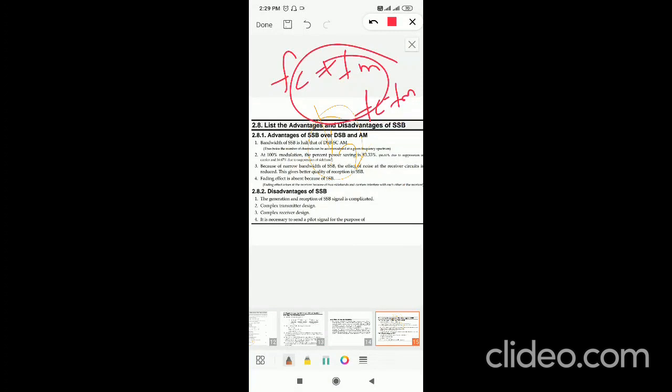Only power is saved there. Whereas in this, the total bandwidth is also saved. The bandwidth becomes half.